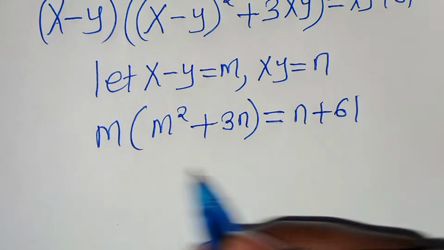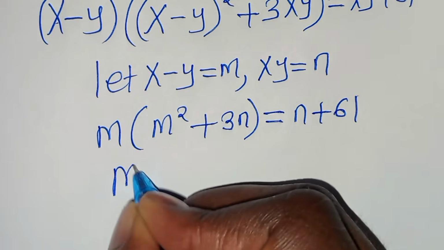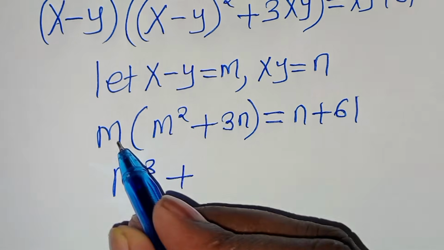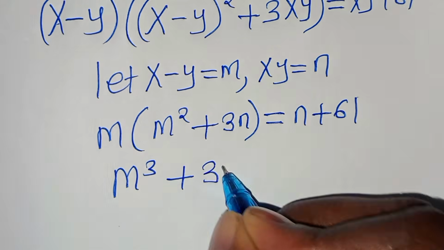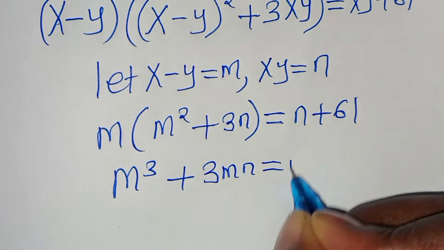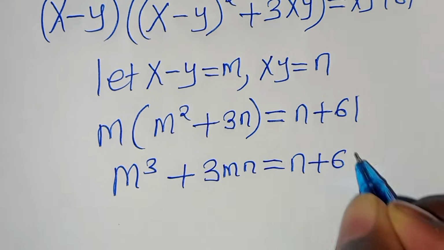Let's open the parentheses: m times m squared is m to the power of 3, plus m times 3n, this is 3mn, equal to n plus 61.